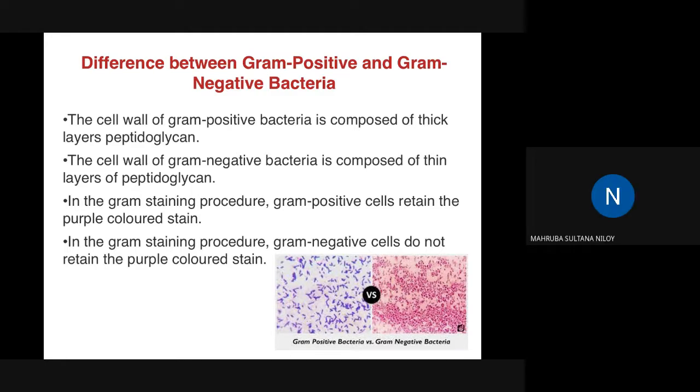And how can you differentiate between gram-positive and gram-negative bacteria in the lab? Is there any procedure? Yeah, the gram staining procedure. So if we do the gram staining procedure, then we can differentiate them. Then how can we differentiate? Based on the color. Purple colored stain.